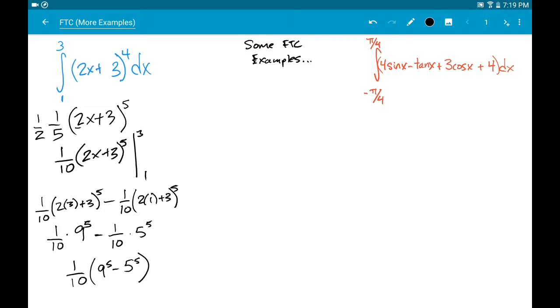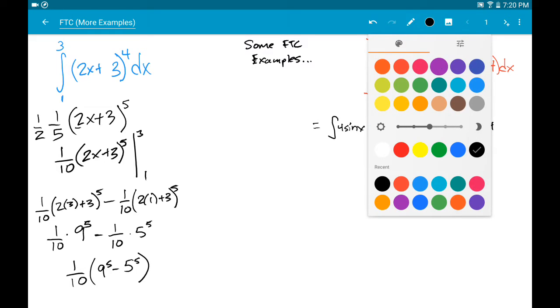All right, let's go over here to the second one. We've got an integral with 4 functions in it, and I chose this one because I wanted to remind you that you can rewrite this integral as 4 separate integrals. The 4 sine x, the tangent x, the cosine x, and the integral of 4.